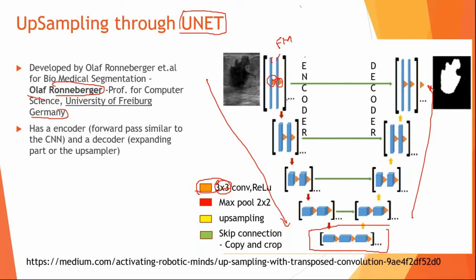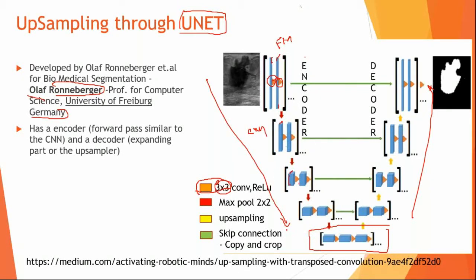You can see here he was using 1, 2, 3, 4 different layers. You can see the feature map size getting reduced and the depth getting increased. Can you see that? Yeah.